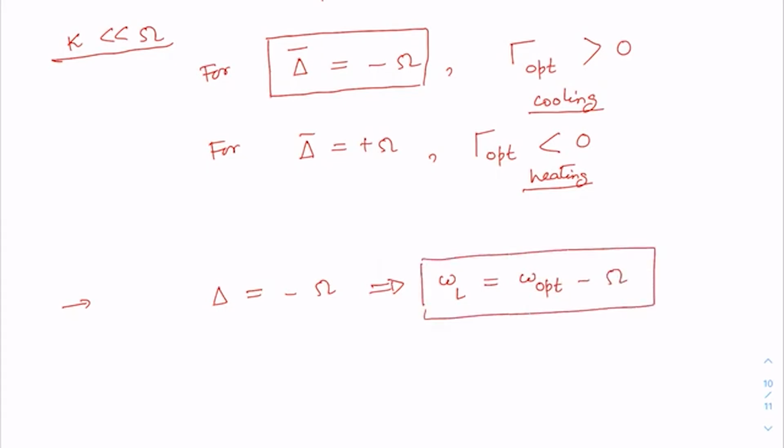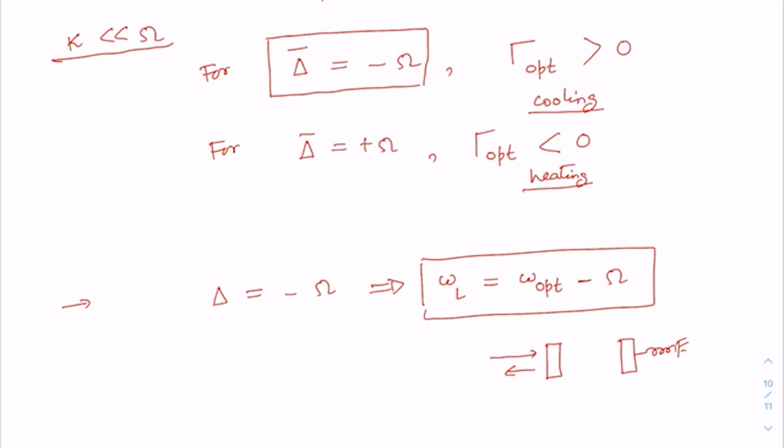So if the laser frequency is less than the resonance frequency of the cavity, then quite clearly the laser light cannot enter into the cavity because it is not satisfying the resonance condition. It will go there, hit the front mirror, and get reflected.